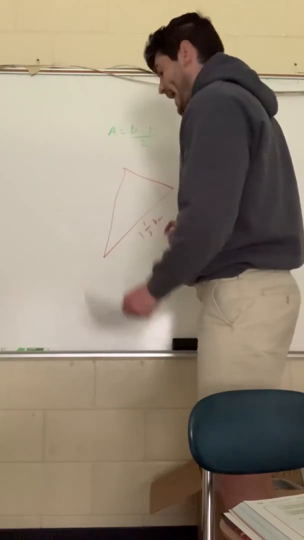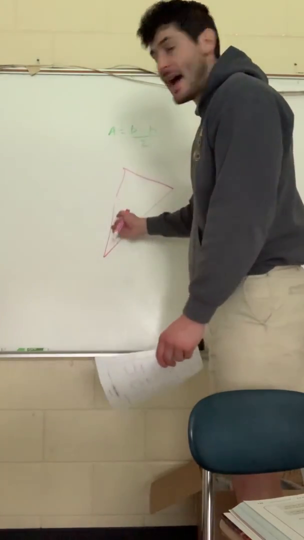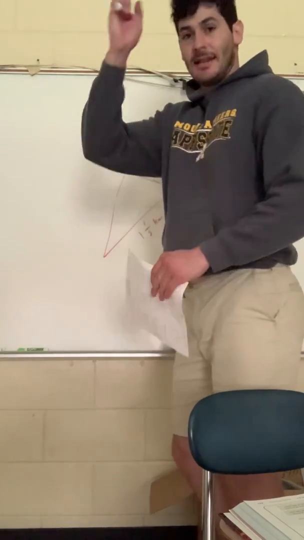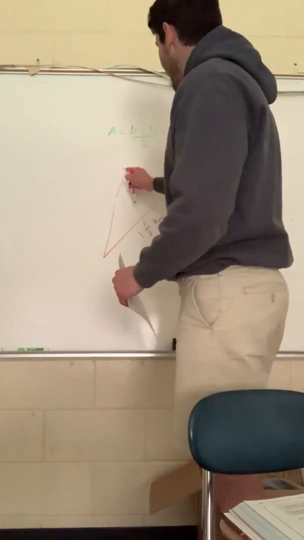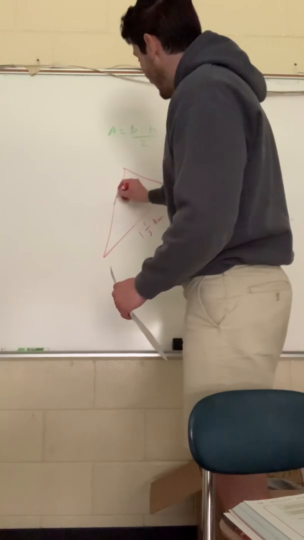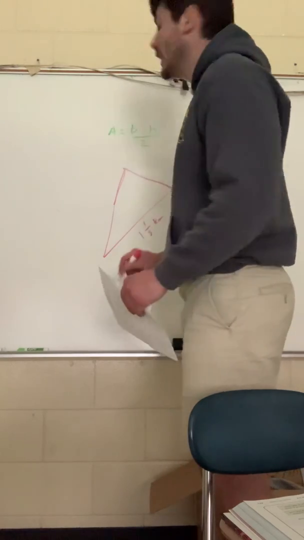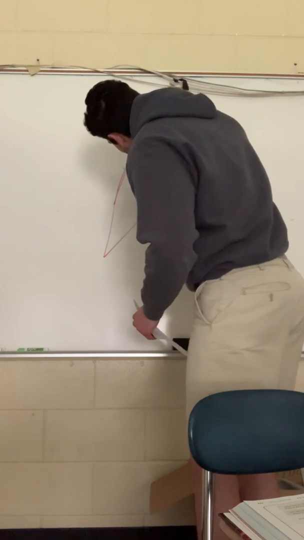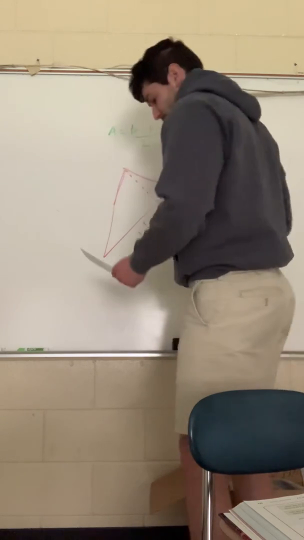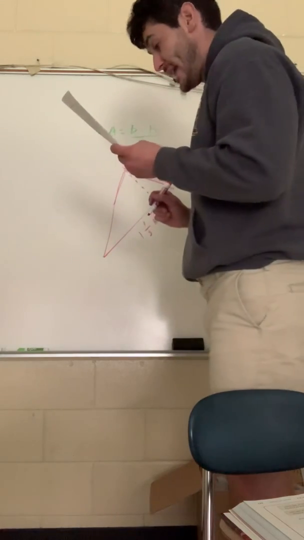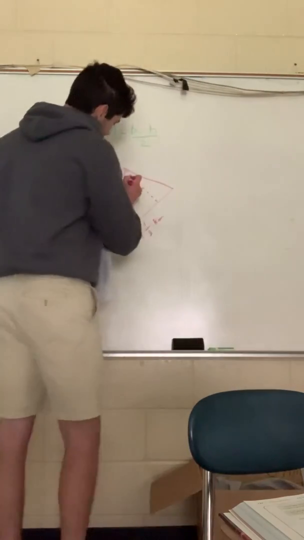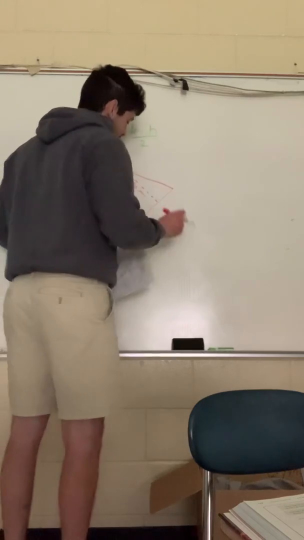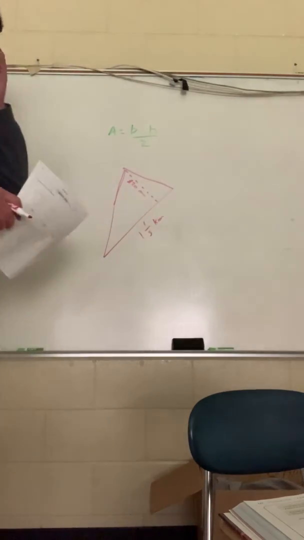Okay, again, this cannot be my height, and this cannot be my height. Why? Because they're slanted. It's got to be straight down, right? So that's the top of the triangle. Did an awful job of drawing it, but you get the idea, right? So my height will be from the top to the base, right? That's my height, and my height is 820 meters.